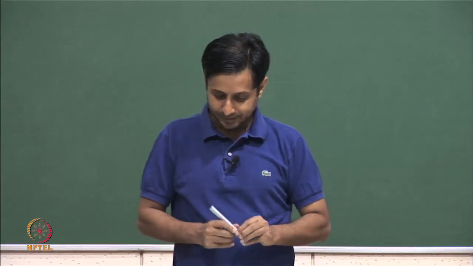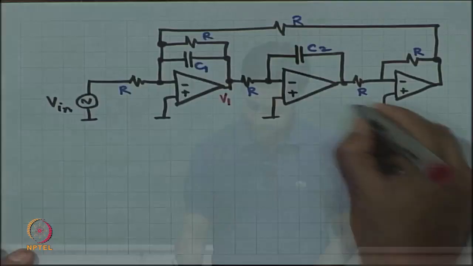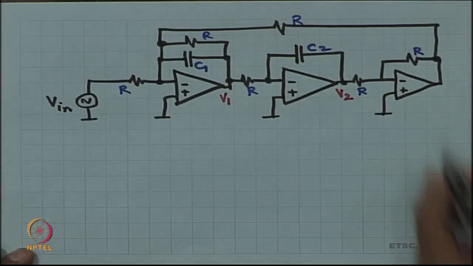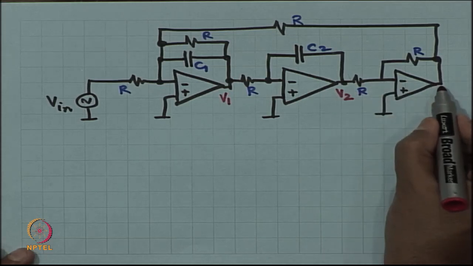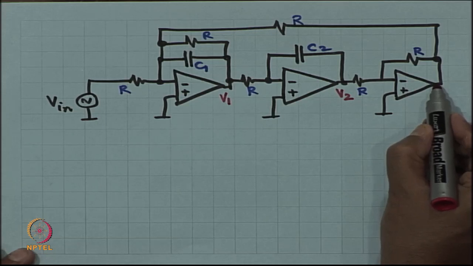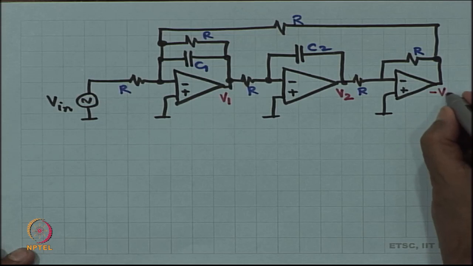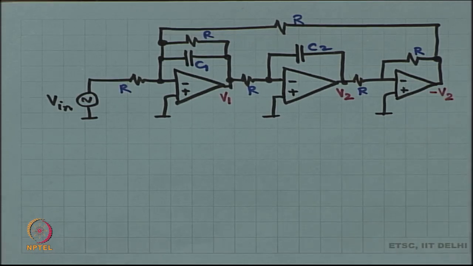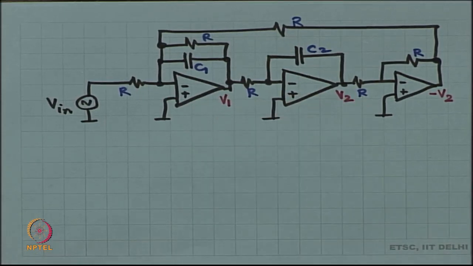Now, let us see, let us call this voltage V1, V2, and if this is V2, what is the output? The output is obviously minus V2, because this is R and R, this is an inverting amplifier. Okay. There is a relationship between V1 and V2.